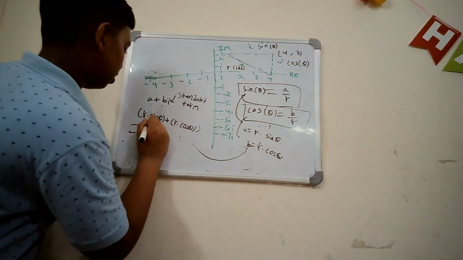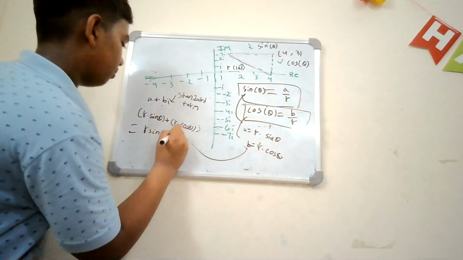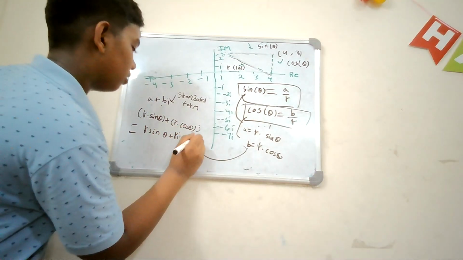I can rewrite this as R sine theta plus Ri cos theta. Why?